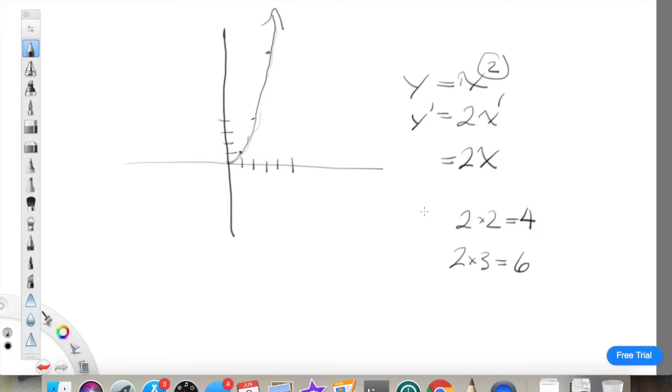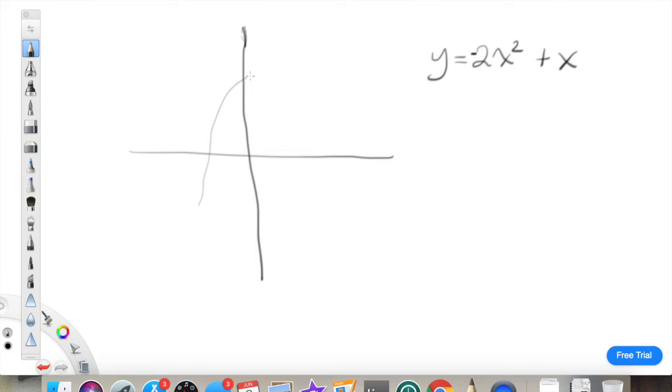In these problems, what you do is you want to figure out where the derivative equals 0, and that's where the extrema happens, where it goes from positive to negative. It's going to go through 0. So let's take the derivative of this one.